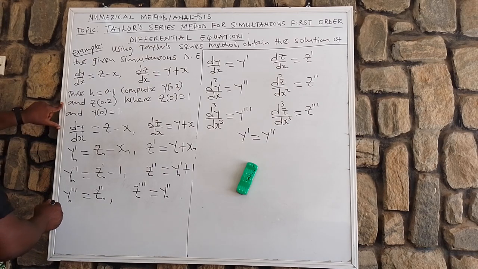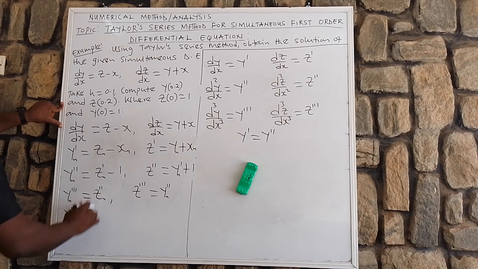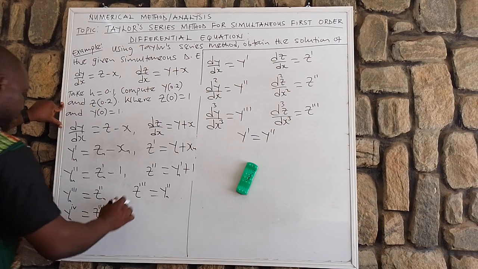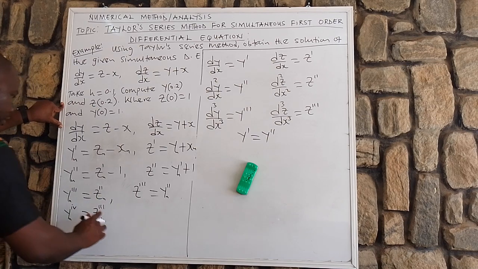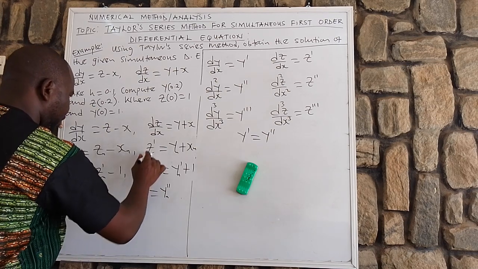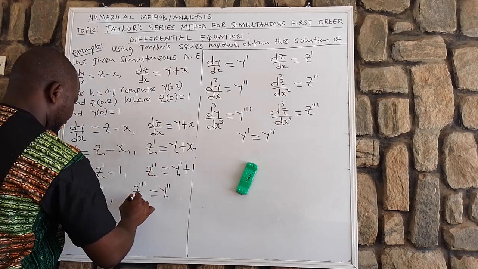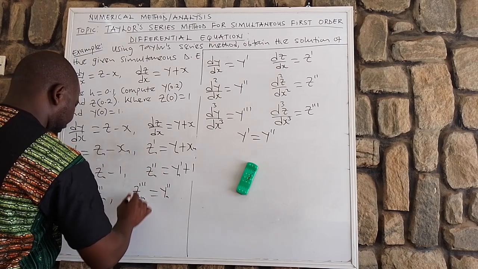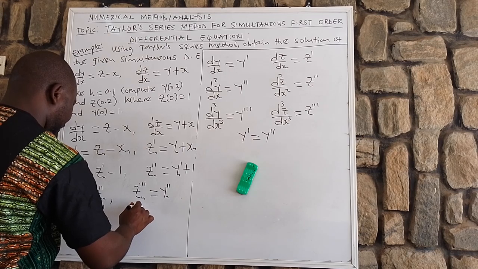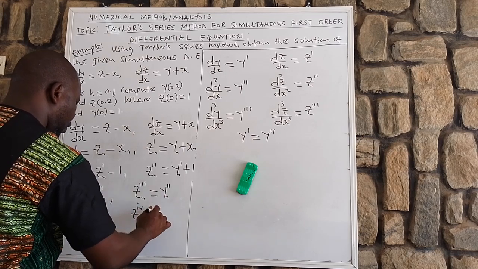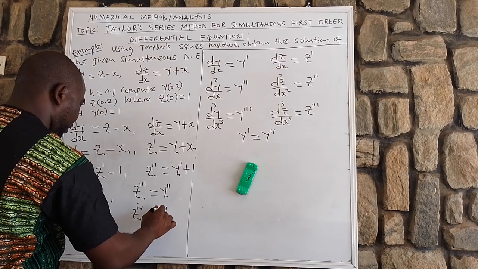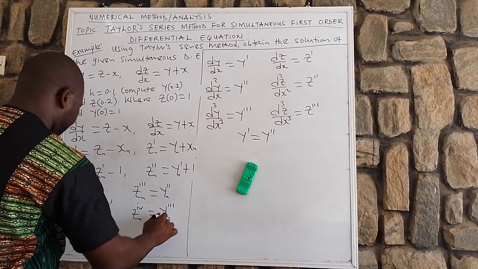Then let us differentiate y double prime. It gives us y fourth derivative subscript n. Sorry, z prime gives us z double prime. Please don't forget to put subscript n. Then z triple prime gives the fourth derivative subscript n. Differentiating y double prime gives us y triple prime subscript n.